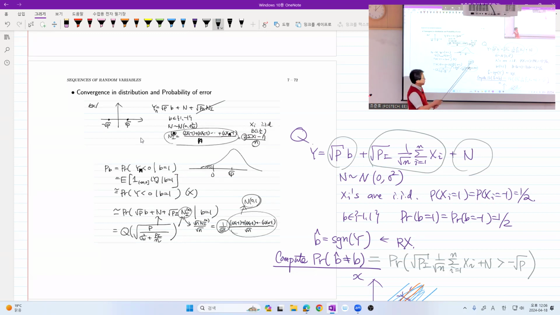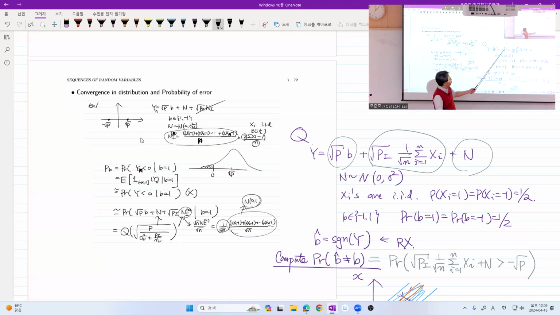Now, I'm asking this probability, and you know that from the central limit theorem, this one is very close to a Gaussian random variable if n is very large, right?